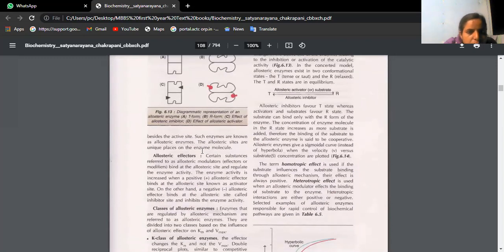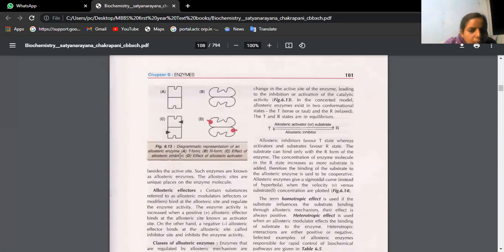For this you should have some examples to understand. See, basically, if you observe this structure and understand it, you will understand the allosteric mechanism.